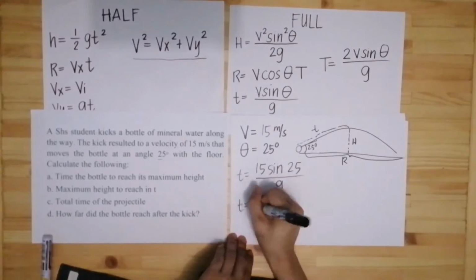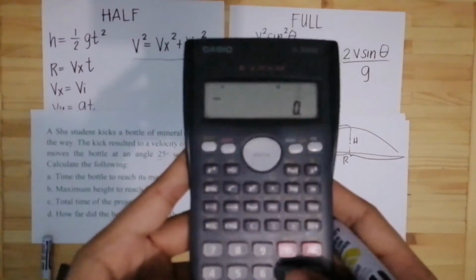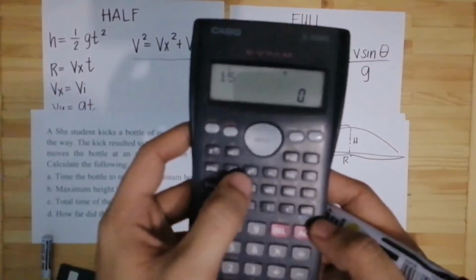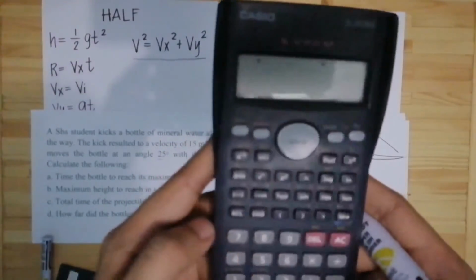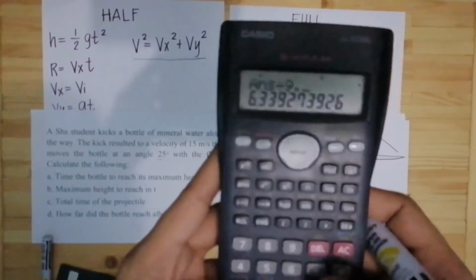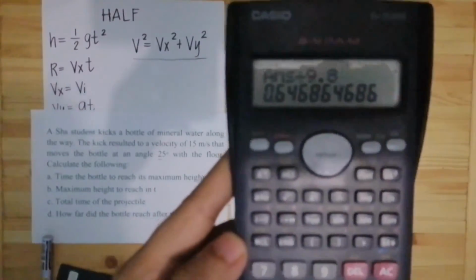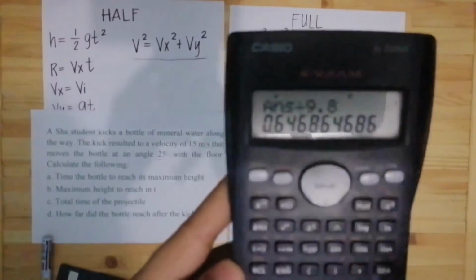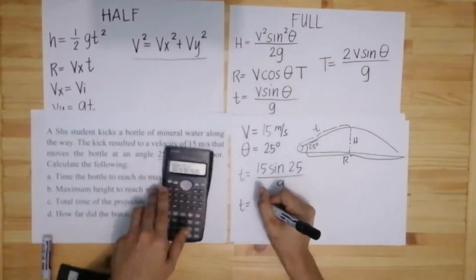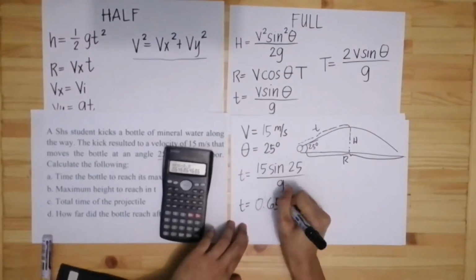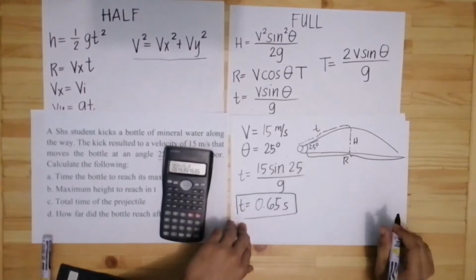So, time natin is equal to this. 15, then sine 25 equals, then divided by 9.8. That is equal to 0.65. 0.64 yan, pero may 6 na katabi, 0.65. Okay? 0.65 yan yung time natin. Seconds. Small letter t lang yan, ha?